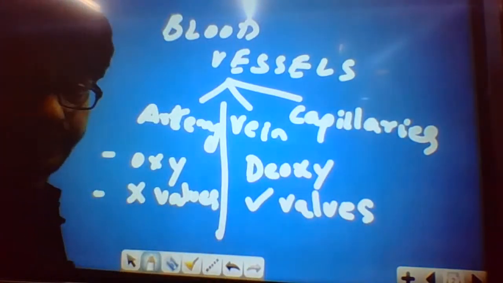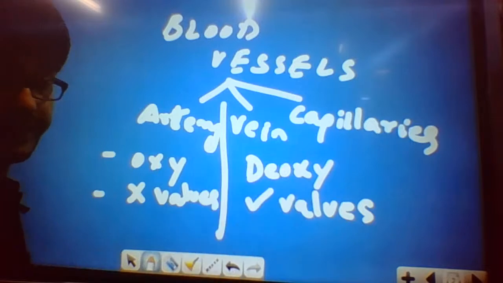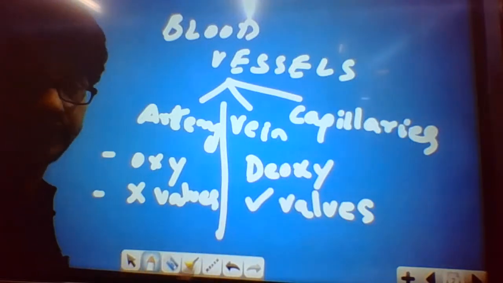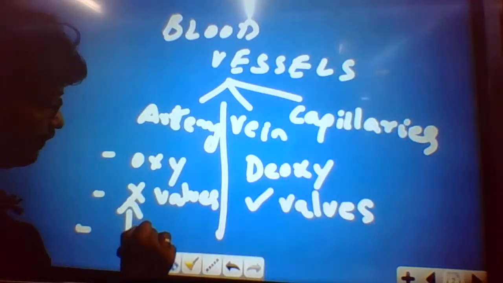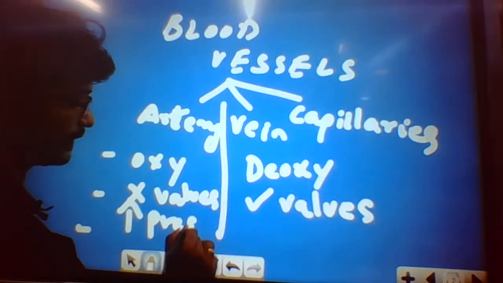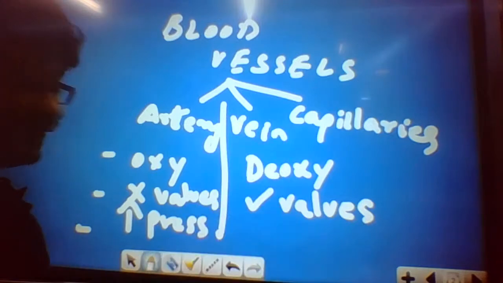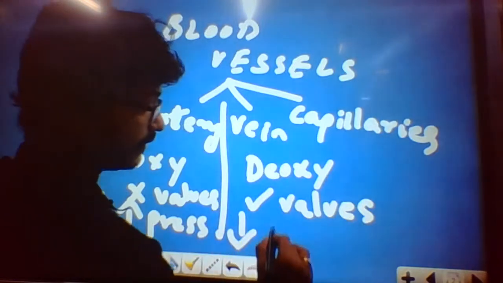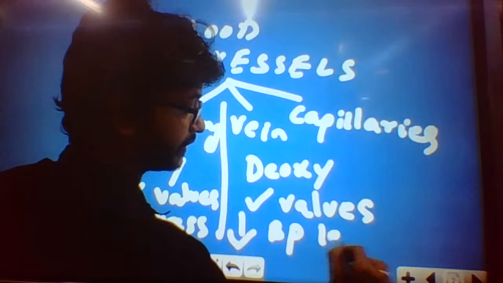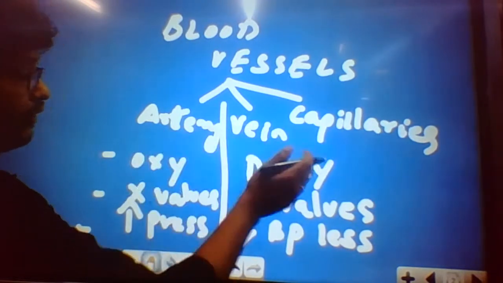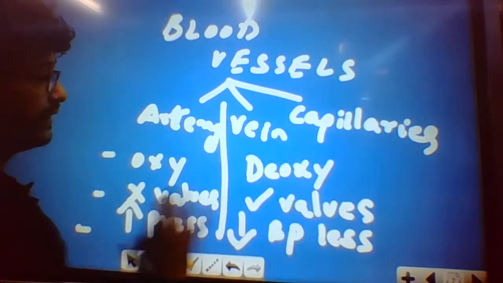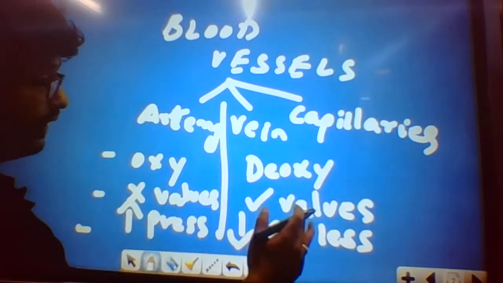The third main difference between arteries and veins is the blood pressure. In arteries the pressure is more, but in veins the blood pressure is comparatively less. So usually this is how you can talk about the main differences between arteries and veins, right?